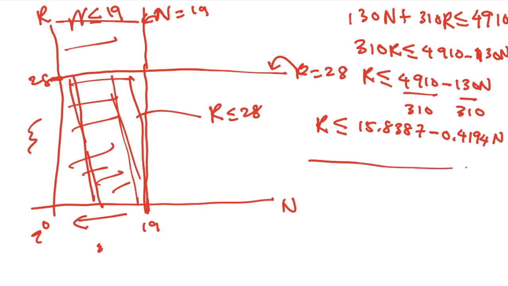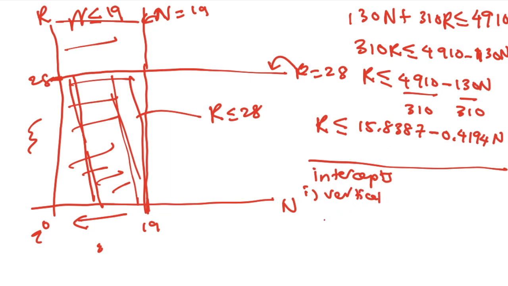Now from here, because this is not very straightforward, you have to draw the line. We need to find the intercepts. The first one, the vertical intercept.